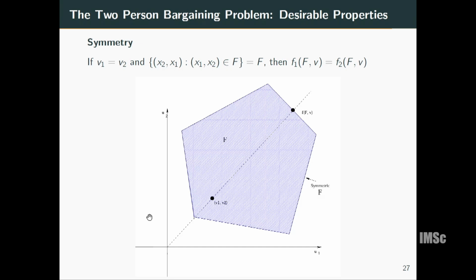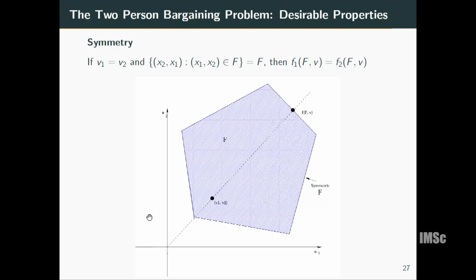Then whatever solution point you are looking for, the two coordinates should coincide. That means the utility that the first person is deriving should be equal to the utility of the second person, because it is a symmetric game. Does it make sense?